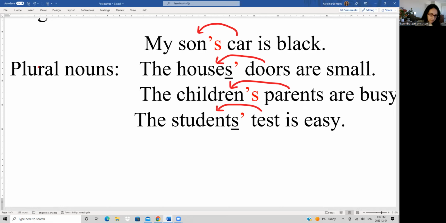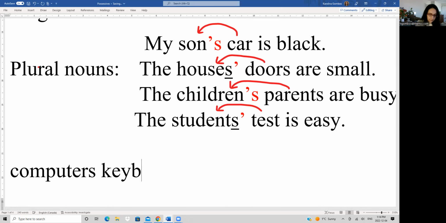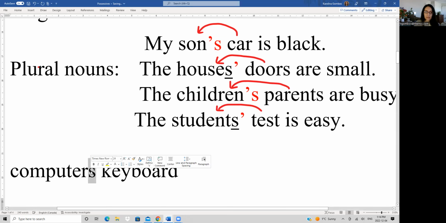For example, we have computers. I just want to give you a couple more. I put here computers' keyboard. Okay, computers already ends in an S, yes?